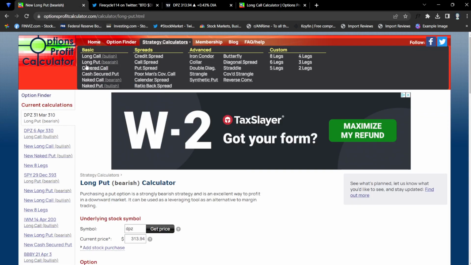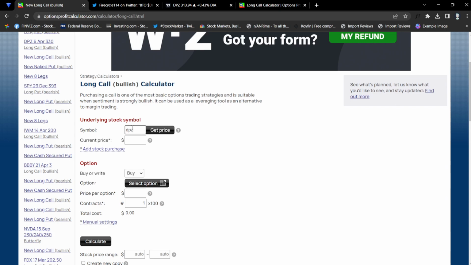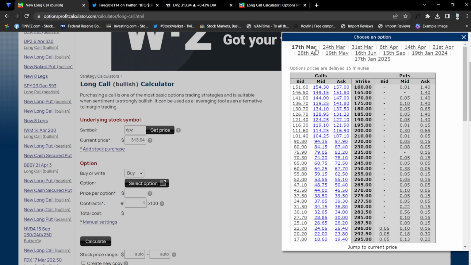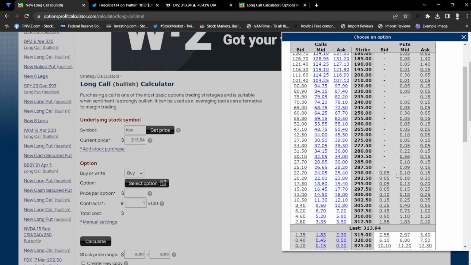So I can go back here and I could click a long call. I'll type the ticker symbol again. I'll click select option, and I'll see the expiration that I have. So I have a 3/17 expiration. So this is literally a tomorrow expiration, or now today when the market opens. And then I can take a look at the strike, which is a 320 strike.